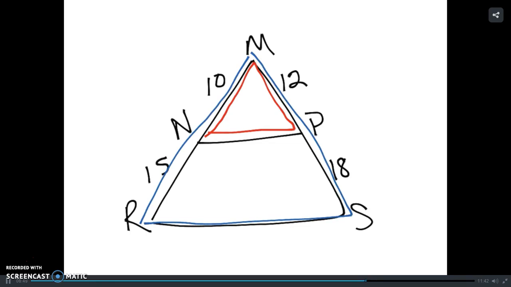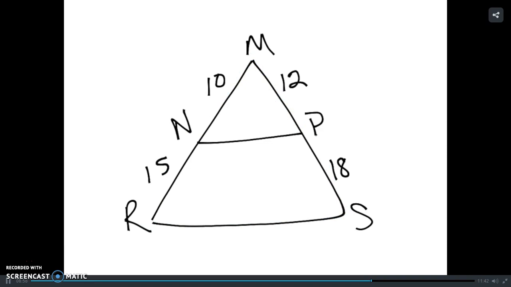The first thing we're going to look for are any angles that we know something about. I'm going to erase my drawings there just to make it a little easier to see. You'll notice that this angle M up at the top is the same angle for both triangles. So we know that angle M is congruent to angle M, because it is the exact same angle.